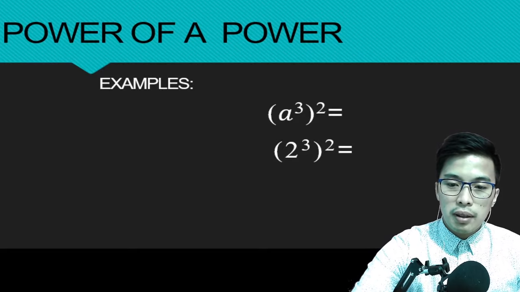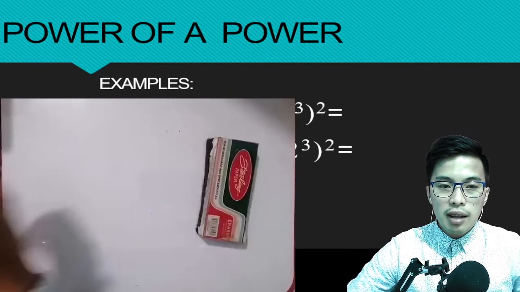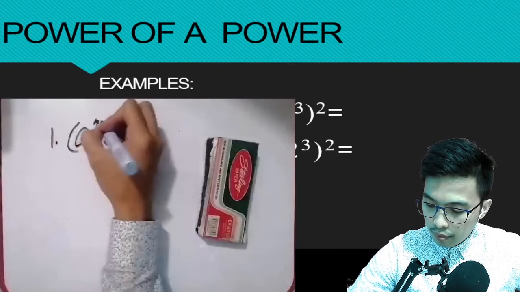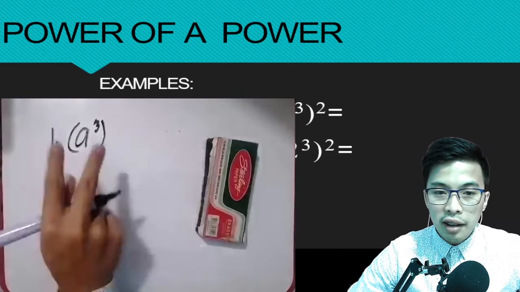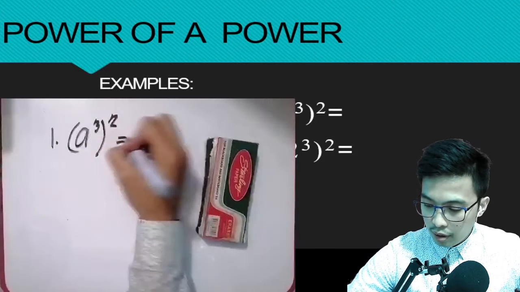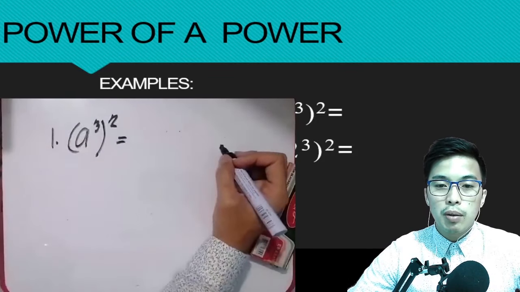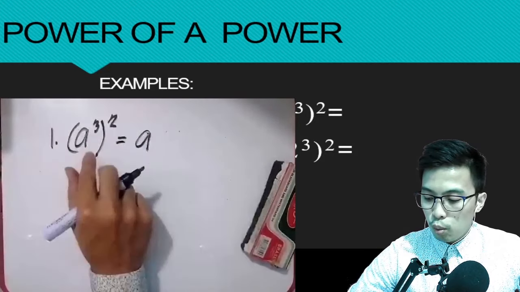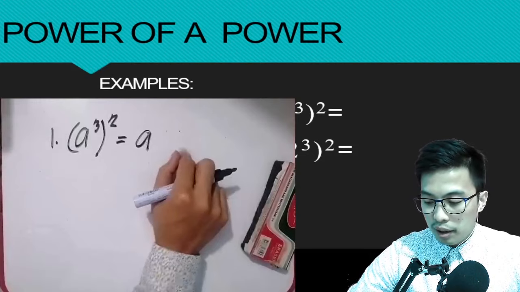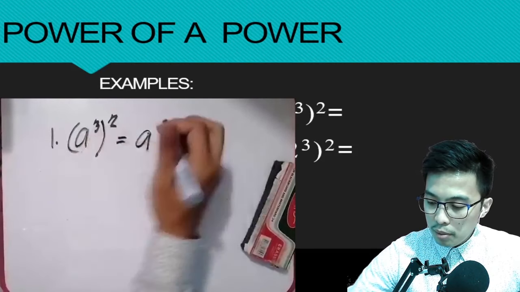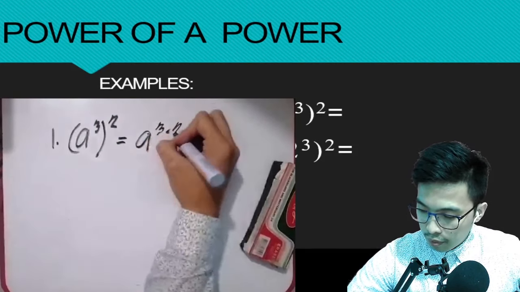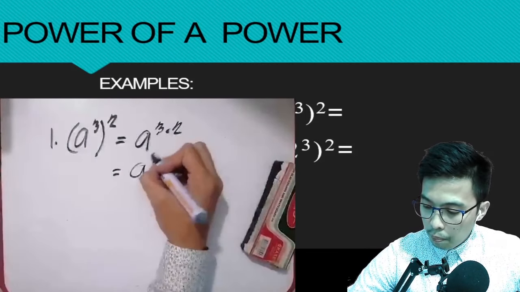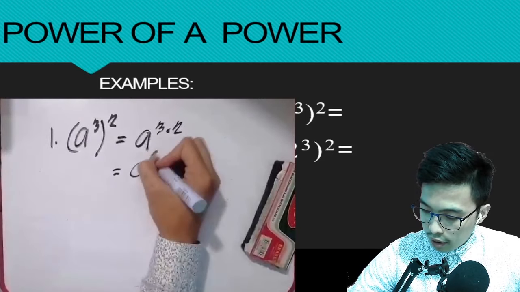The first example that we have is a raised to the power of 3, quantity raised to the power of 2. Okay. Kagaya nga ng sabi ko kanina, we just copy the base, and then we multiply the exponent. What is the exponent? 3 times 2. So that will be a raised to the power of 6.